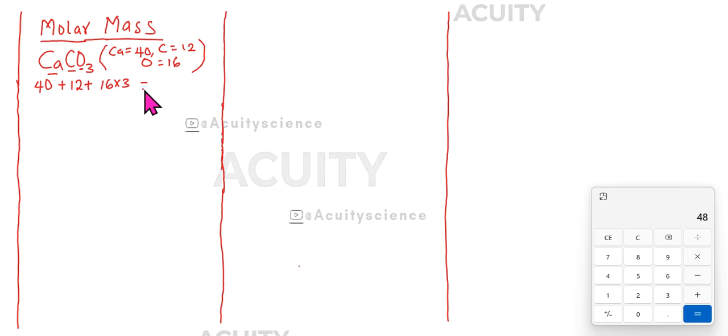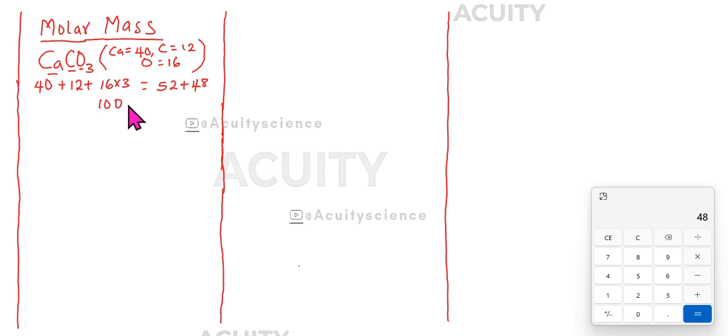So 16 times 3 is 48. So 40 plus 12 will be 52, plus 48, and our final answer will come out as 100.